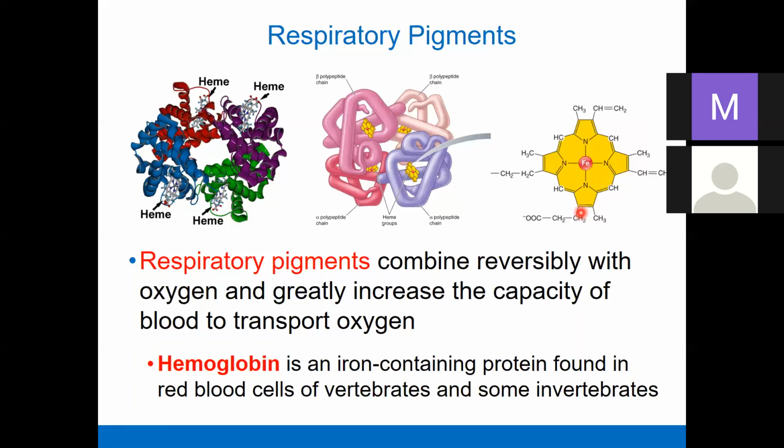Once you lose hemoglobin from our body, you may know that in adult people, we have about 50 gram per deciliter of hemoglobin. Once you lose blood, you also lose hemoglobin.